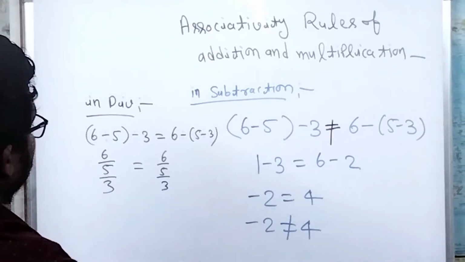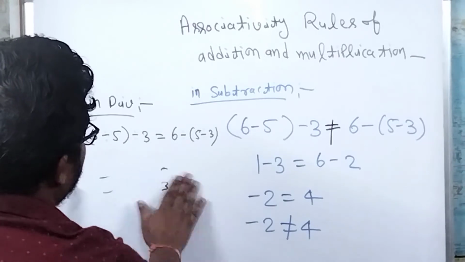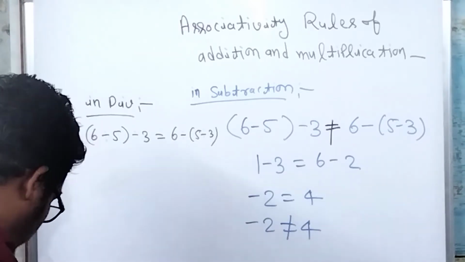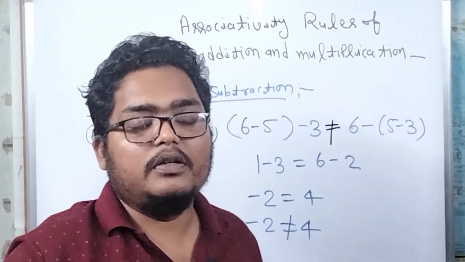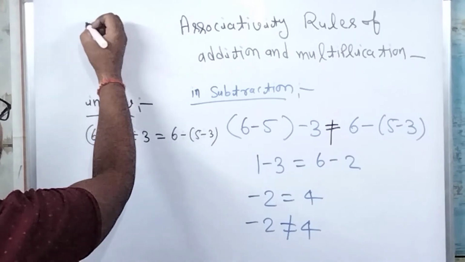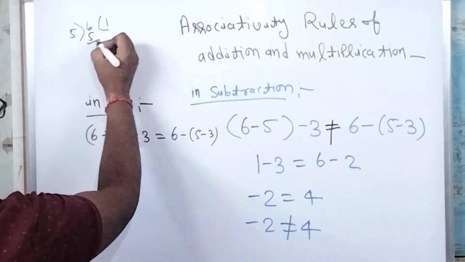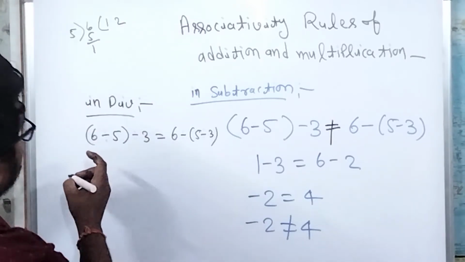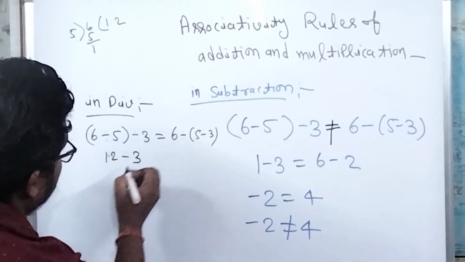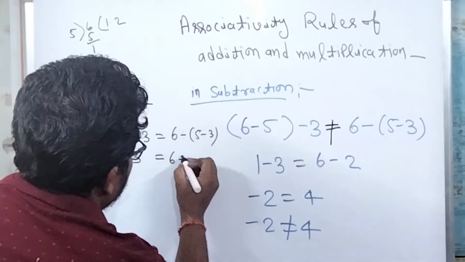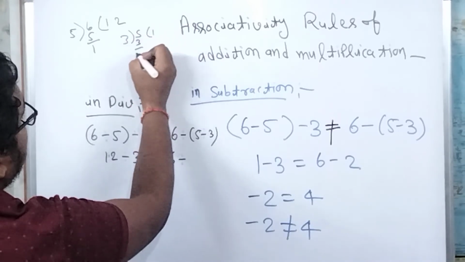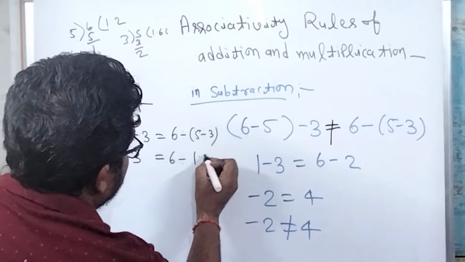This value is first, we solve the small bracket, because in the BODMAS system we know that first we solve the small bracket. 6 divided by 5 is 1.2, divided by 3, and 6 divided by (5 divided by 3) is 1.66.